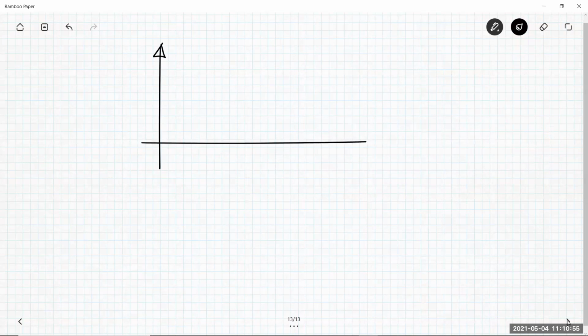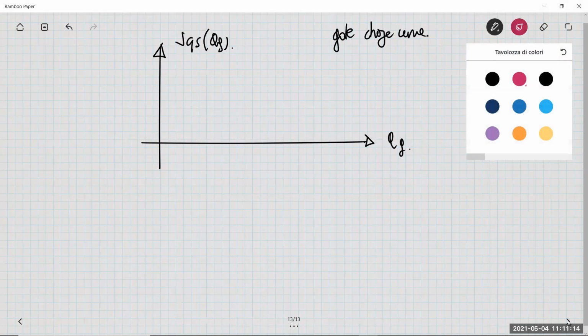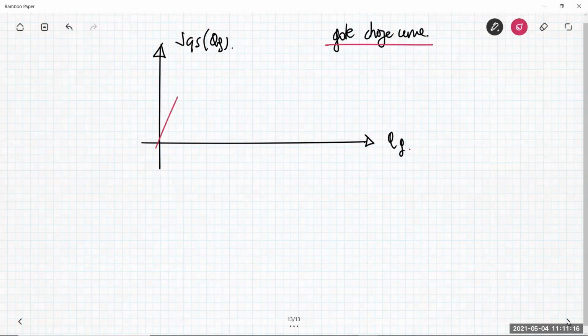Electronic students should remember that they have to look for the VGS over QG curve, which is the gate charge curve. Students in mechatronics have this curve explained during the lecture. This curve is something like this, providing you the quantity of the charge that I have to provide to the gate-source port of the MOSFET in order to reach a specific voltage VGS.